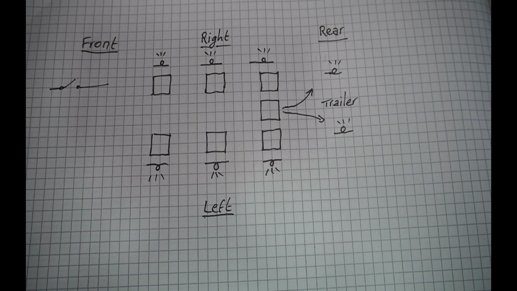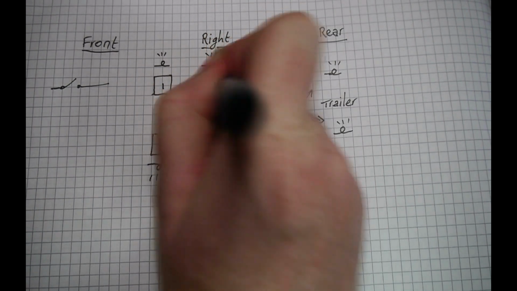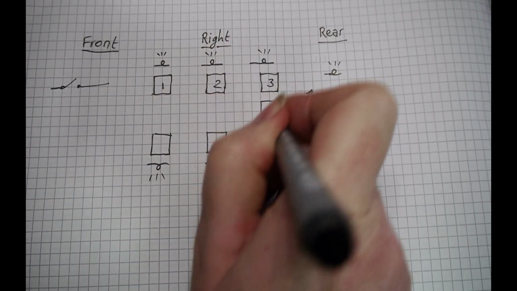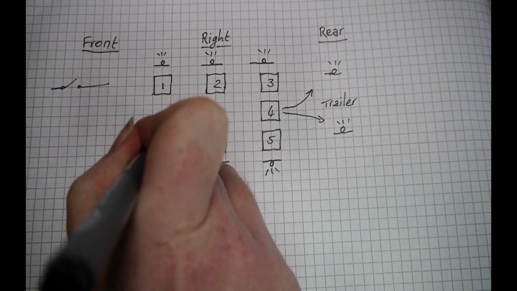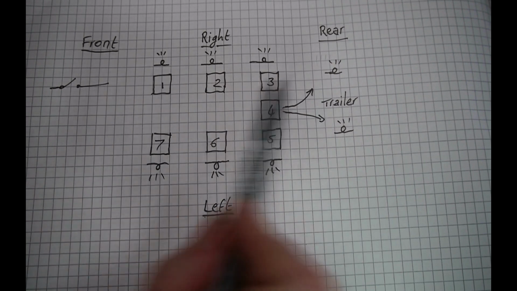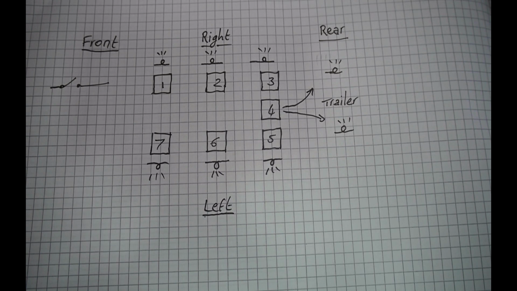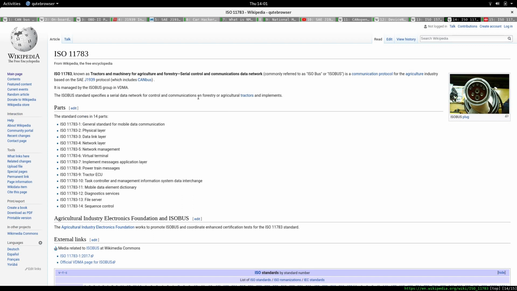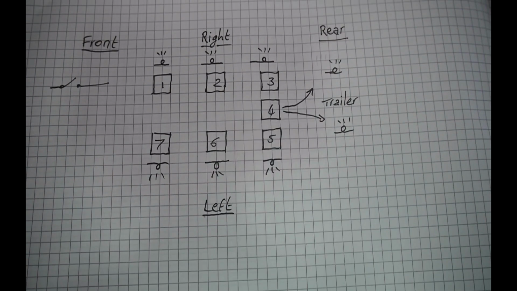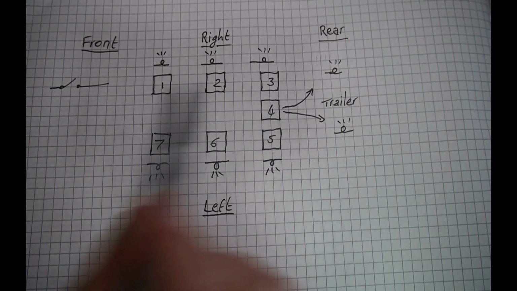If you were doing this in CAN bus, this isn't usually done in CAN bus at the minute, but if we numbered these nodes, one, if we go around clockwise, if we wanted to illuminate all four lights, then we'd have to send a message. If we're using an addressing scheme, which a lot of these higher level protocols use, then we'd have to send a message to node 1, node 2, node 3 and node 4.